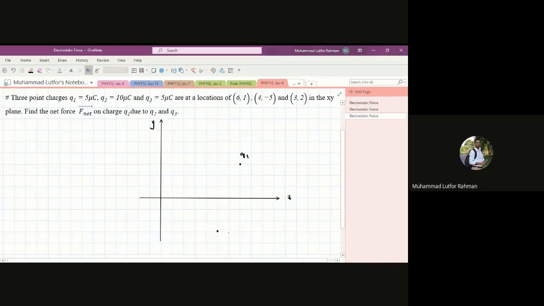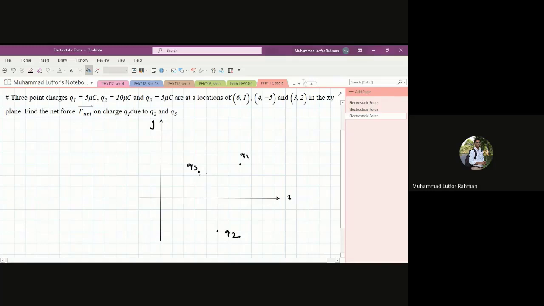This is my Q2, and Q3 is at (3, 2). This is my Q3. Now they asked me to find the net force on Q1 due to Q3 and Q2. All three charges are positive, so they will repel each other.